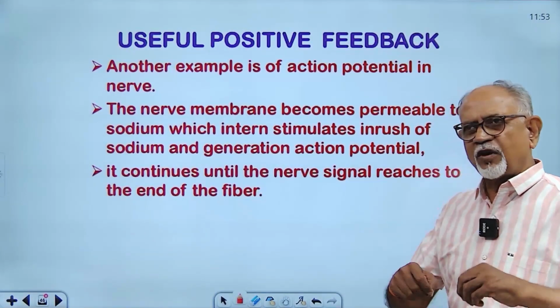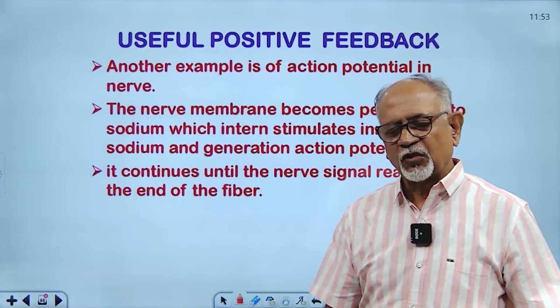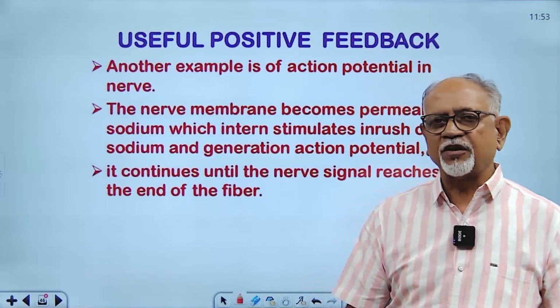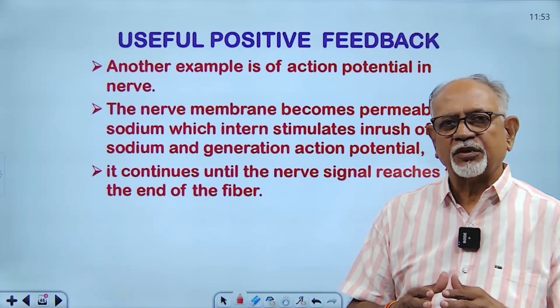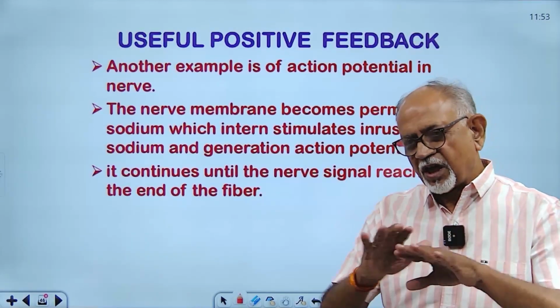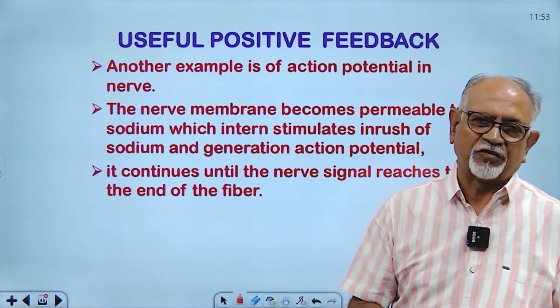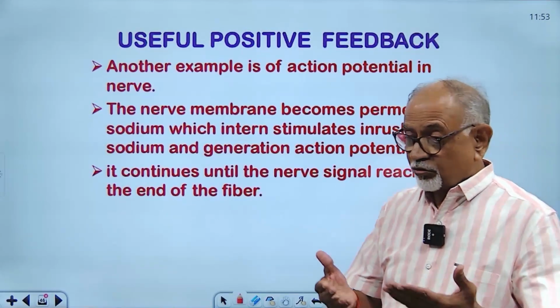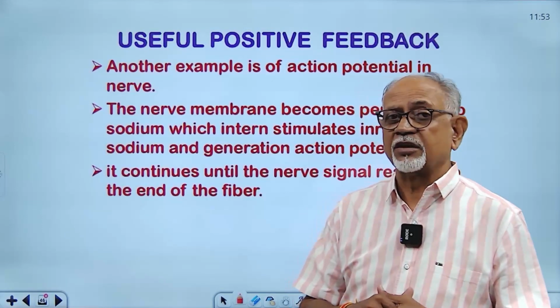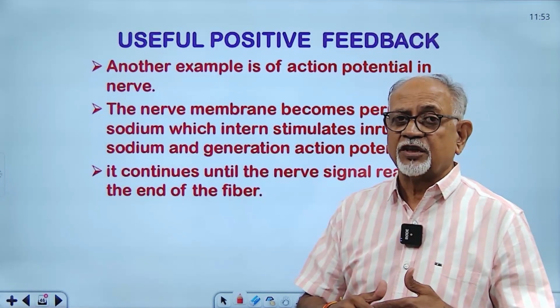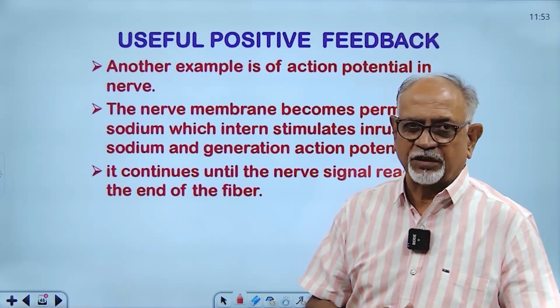When a nerve fiber is stimulated, the sodium gates present in the nerve membrane open and sodium is pushed inside the membrane and potassium is thrown outside the membrane.